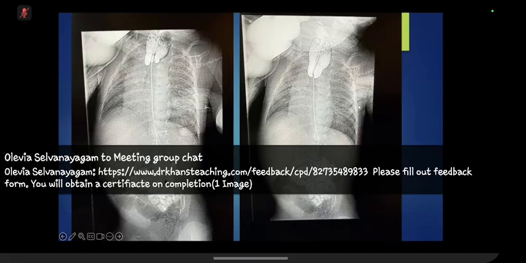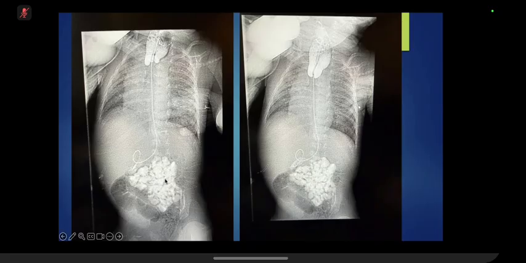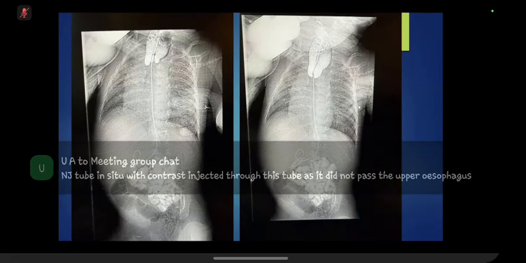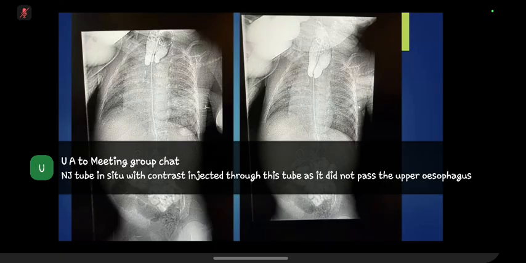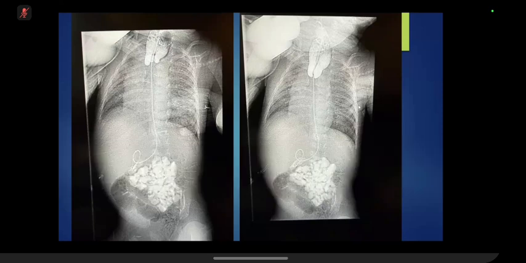I need you to focus on the pathology, what was happening previously to the baby and what is happening right now. There is no passage of the contrast to the stomach.